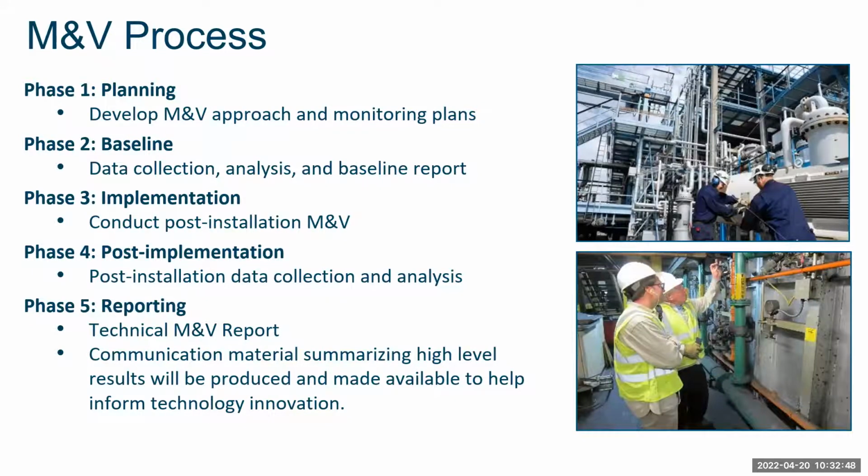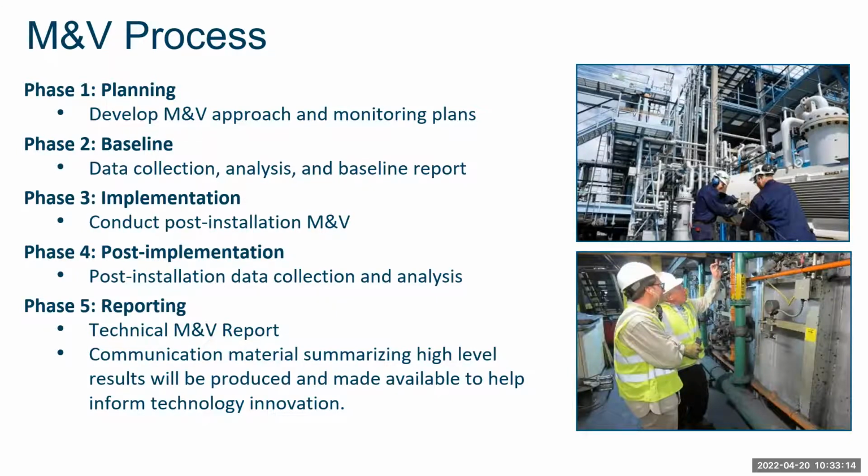Just to walk you through the M&V process, there's a 5-phase process. The first is planning, where we look at the technology and some of the requirements and constraints imposed by the site, and then decide what the right M&V approach should be. This becomes the foundation for the M&V going forward.